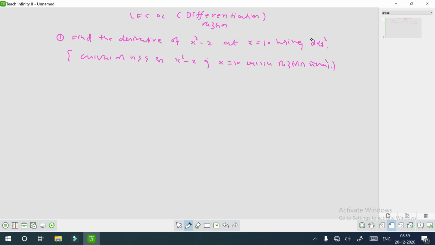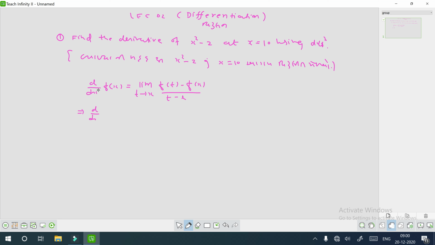Clear? Now see, we know how to use the first principle. First principle, let us recall. Remember friends, d by dx of f of x is nothing but limit t tends to x of f of t minus f of x over t minus x.